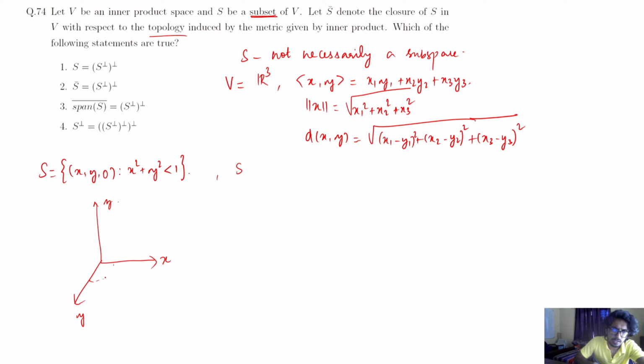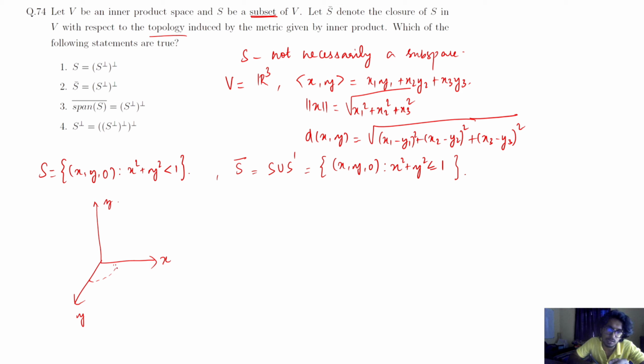What would be S bar? S bar is S union its limit points as well. Here S bar denotes its closure, so we'll have to include the limit points, right? I hope it is the same collection with x squared plus y squared less than or equal to 1.